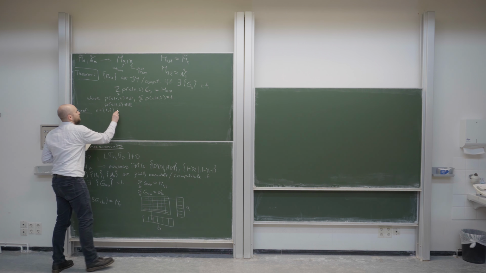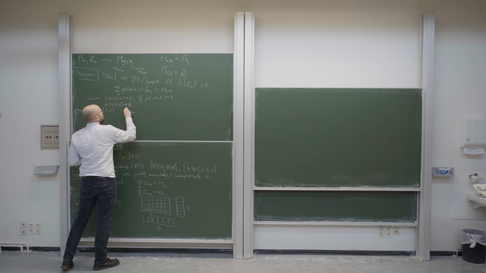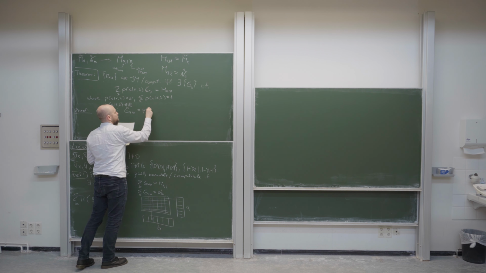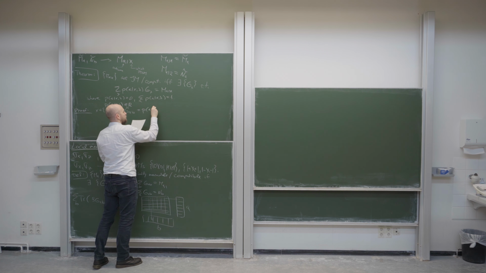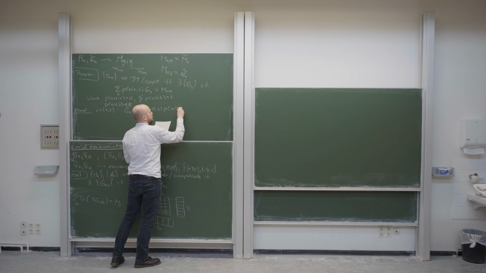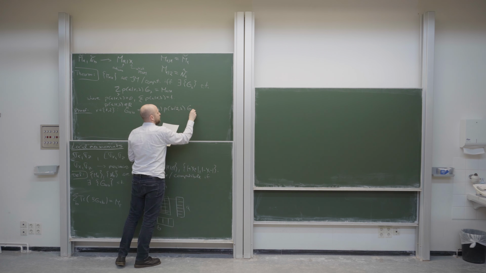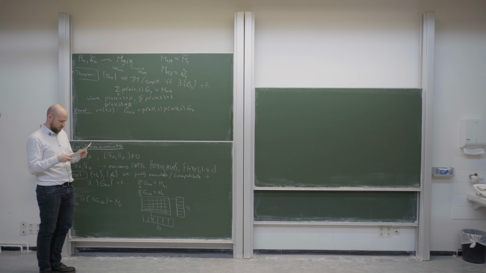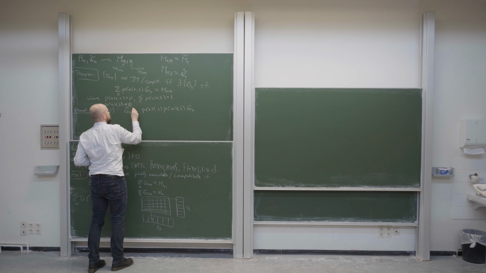And in this case, I can define this 2 outcome POVM just by taking P of A given 1 lambda and P of B given 2 lambda, G lambda, and sum over lambda.